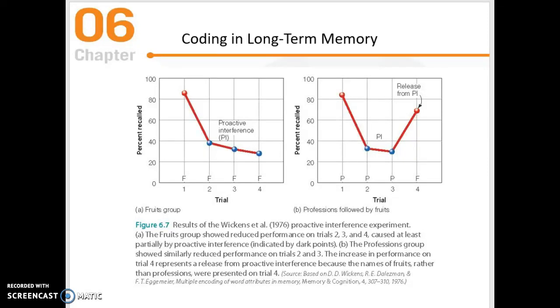So this demonstrates proactive interference, and it also demonstrates that relationship between short-term memory and long-term memory, how your information about the fruits is getting into your long-term memory because there was interference during that delay.